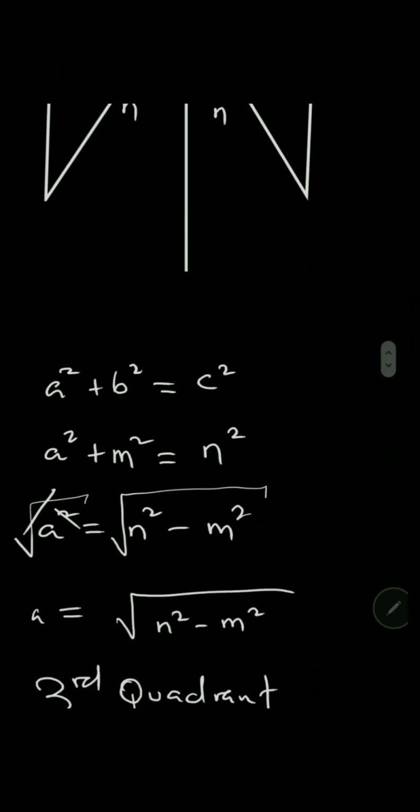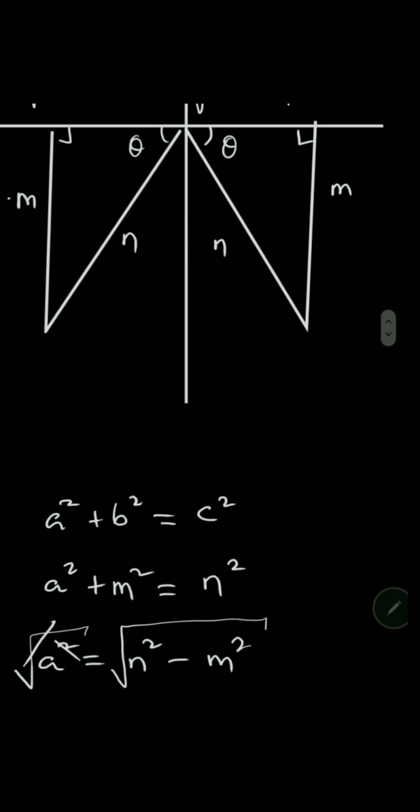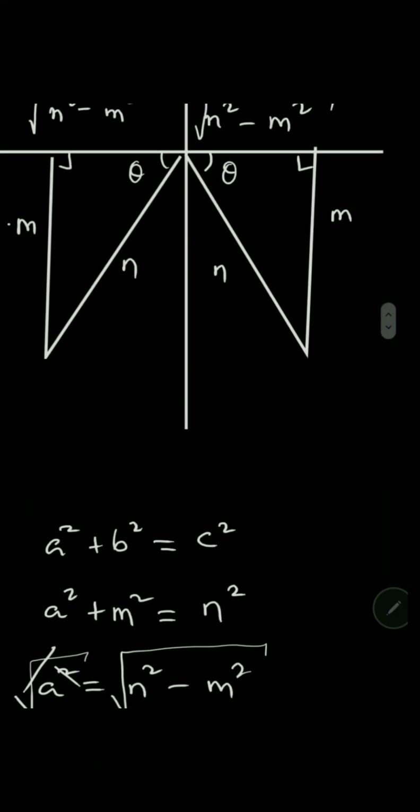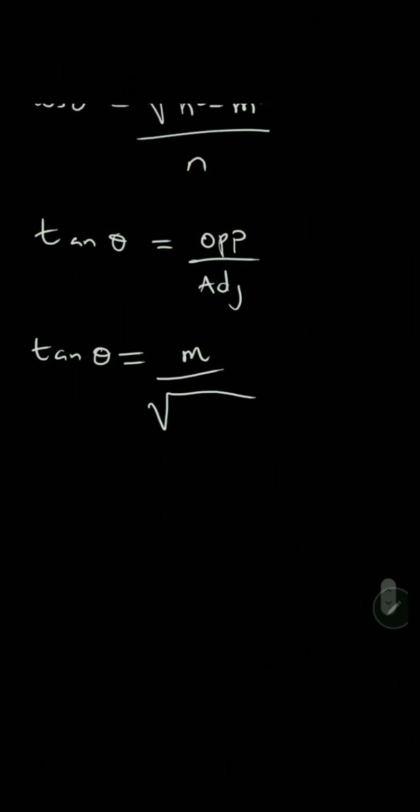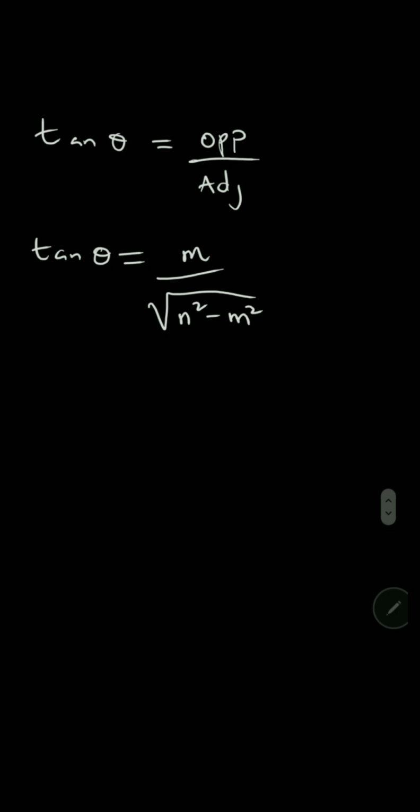So tan theta is equal to the opposite, we have it as m, then the adjacent is simply the root of n squared minus m squared.